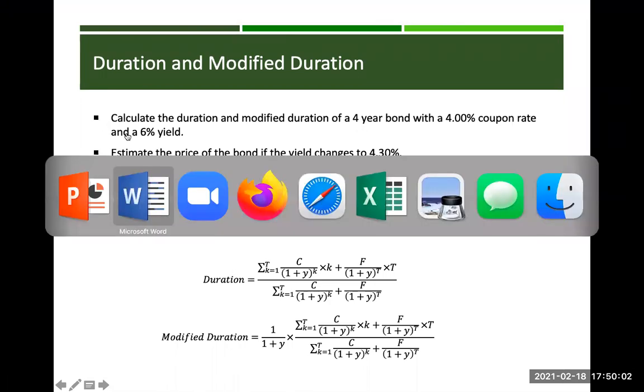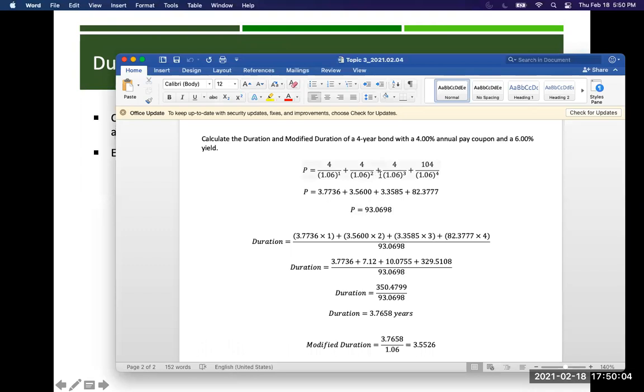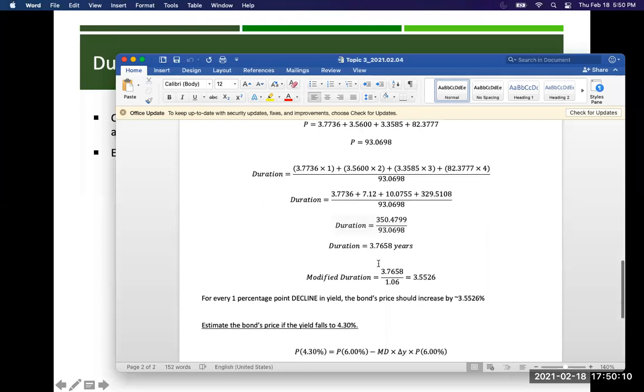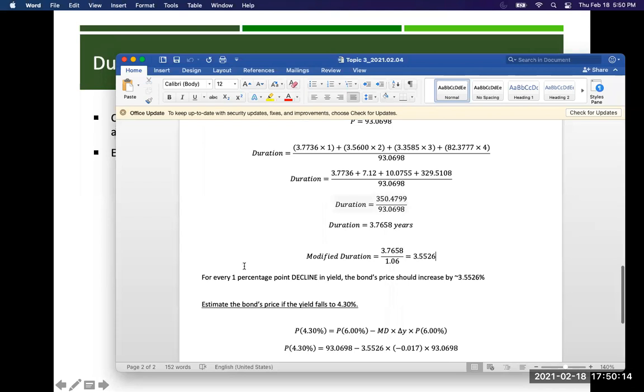Four-year, 4% coupon, 6% yield. Here's the price. Here's the duration, Macaulay's duration, modified duration. So for every 1 percentage point decline in yield, the bond's price should increase by about 3.5526%.